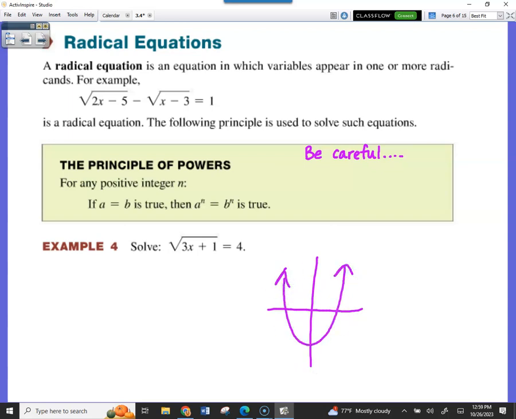If it opens up, it can cross in potentially 2 places. Okay, here's the problem. That's not a quadratic. That's a square root function, which looks totally different. The mother function for square roots is here. You with me? Only crosses the x-axis in one spot.